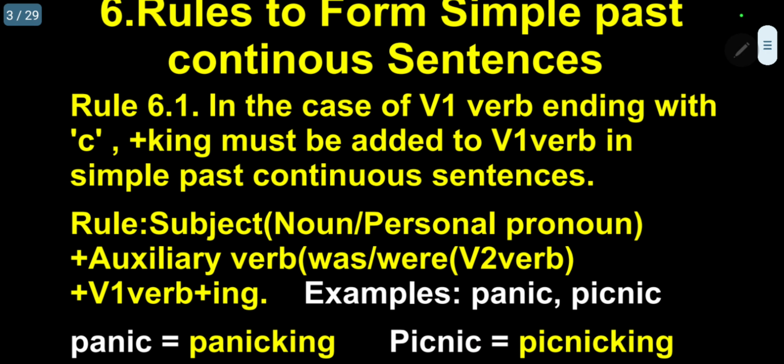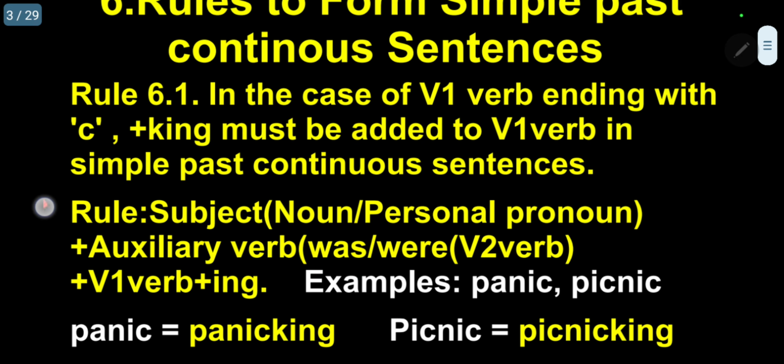In the case of a V1 verb ending with C, when we convert it into continuous, K must be added. In this case, plus K-I-N-G must be added to the V1 verb in a simple past continuous sentence. Please follow.